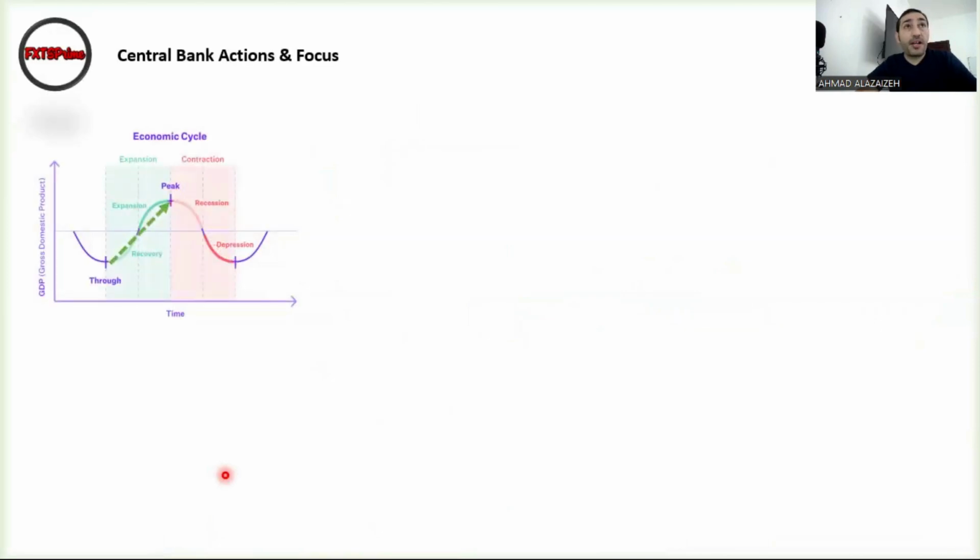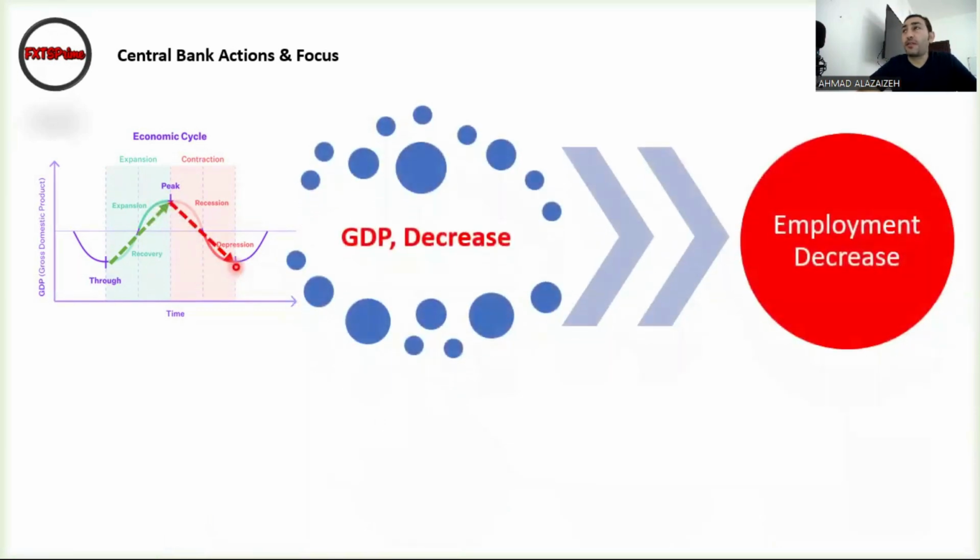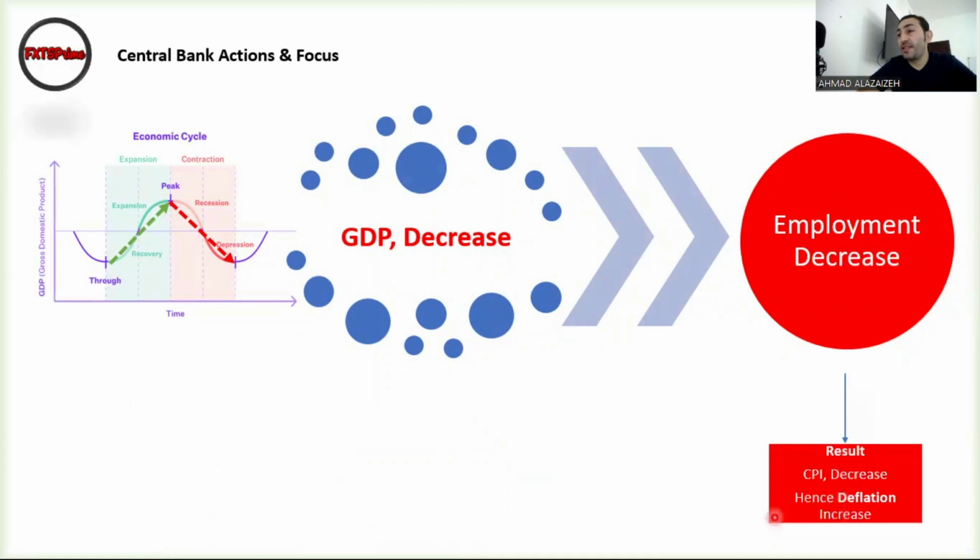So let's now discuss the other way around. Let's say that in the deflation cycle, we have seen the GDP decrease to the bottom peak. That will result in employment decreasing. If employment decreases, then the result is deflation because people don't have money to spend.